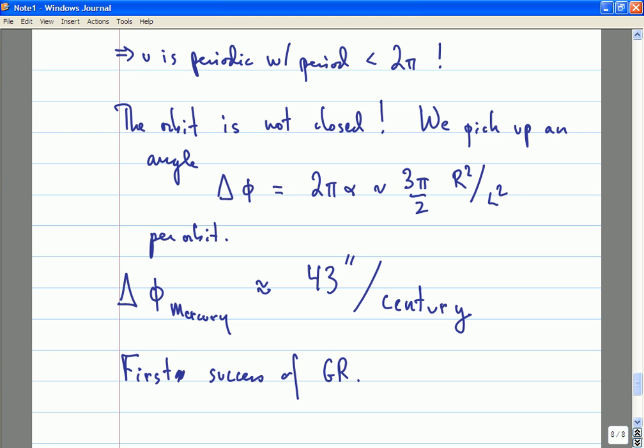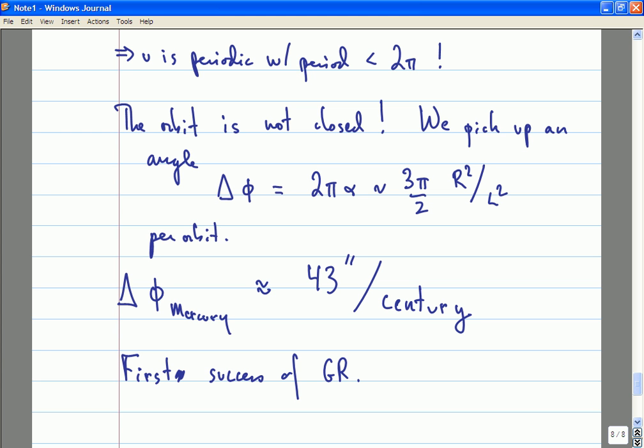And it turns out that the resolution of this mystery was not something so mundane as the existence of another planet, but was in fact due to the fact that Newtonian gravity was incorrect. And in fact, relativistic corrections proportional to 1 over the speed of light squared are in fact observable in the orbit of Mercury. So that is the end of our story today.